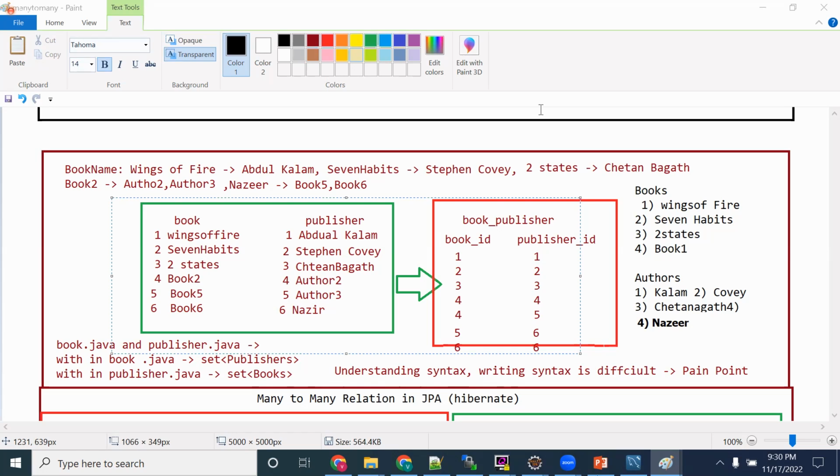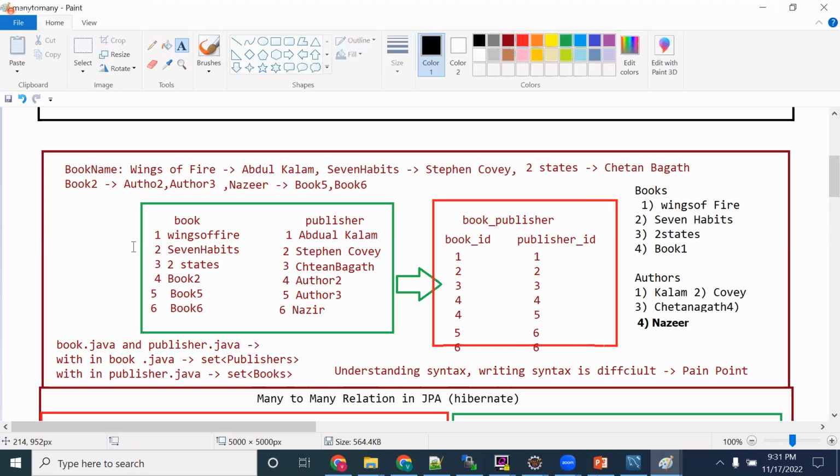By default, I'm not looking at transactions here. JDBC is not related to transactions at all. What do I need here? I will insert into the book table: Wings of Fire.